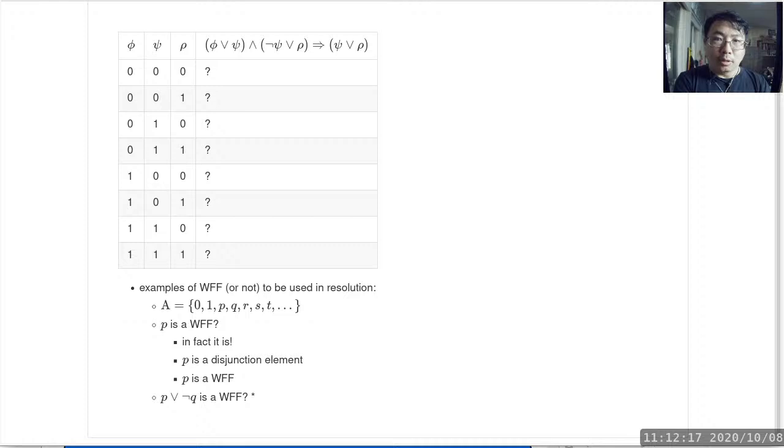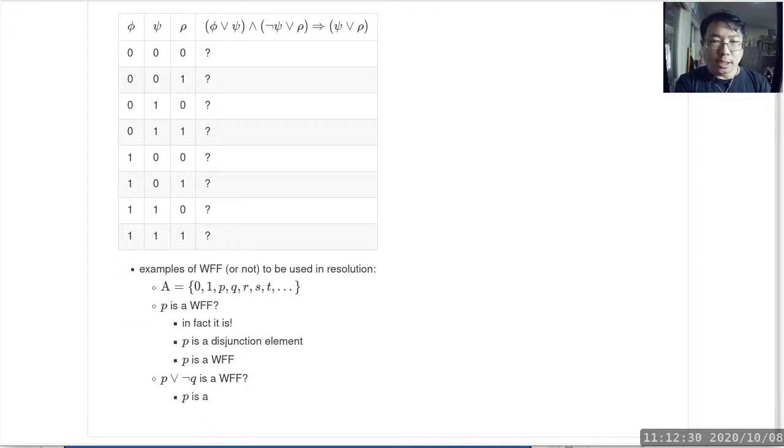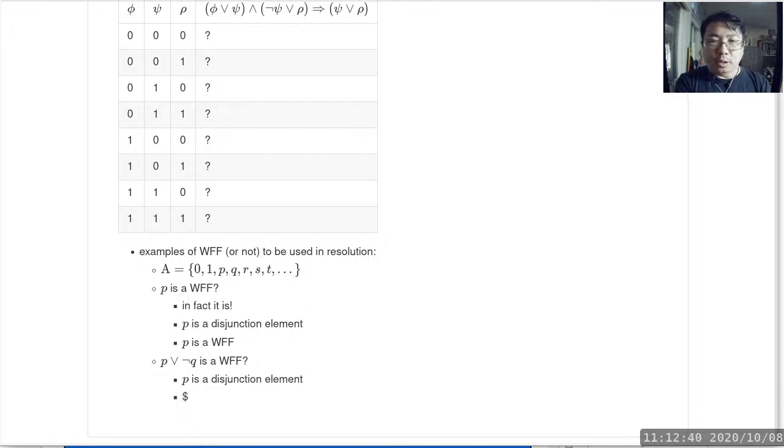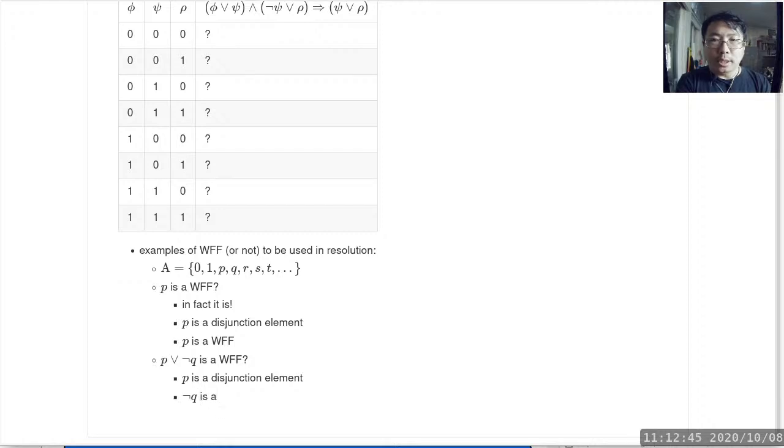What do you guys think? Well, it's an or of two things, right? So we have to look at each thing and see if each thing that we are oring is by itself a disjunction element. P is a disjunction element. Yep, that's right. But we also want to know why the negation of Q is a disjunction element.